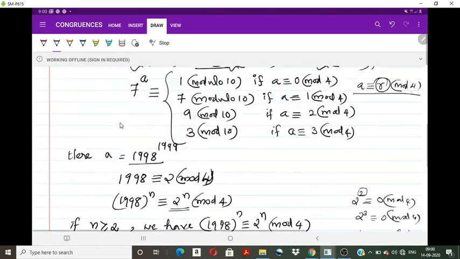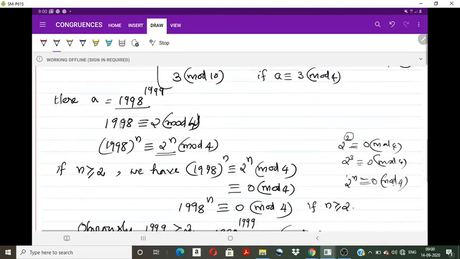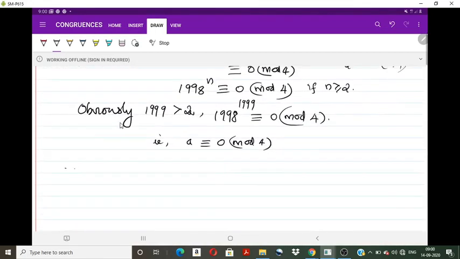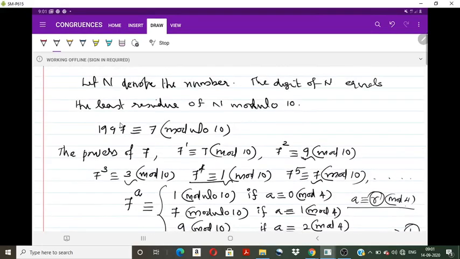Then by this result, let this be number 1. Therefore, by the result 1, if A is congruent to 0 modulo 4, then 7 raised to A is congruent to 1 modulo 10.